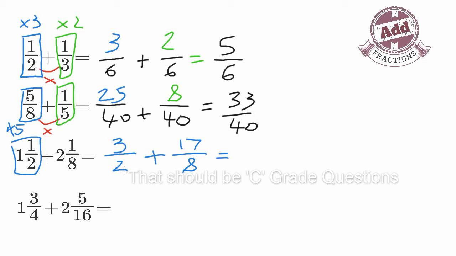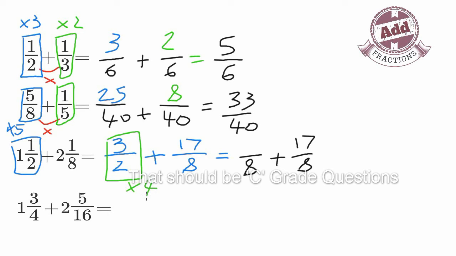And now we need to make the number on the bottom the same. Now, you might have spotted that both of these denominators go into 8. So we don't have to multiply them in this case. So both numbers are going to be out of 8. So we don't need to change this one, we just need to change this one. So we need to times it by 4 to make the bottom number 8.